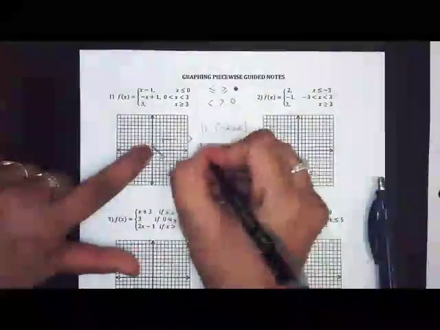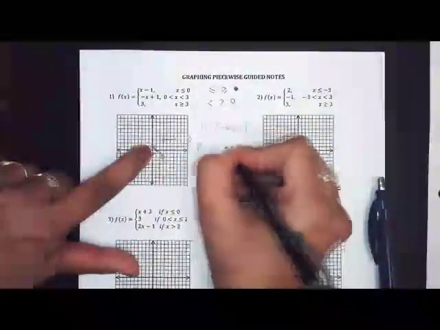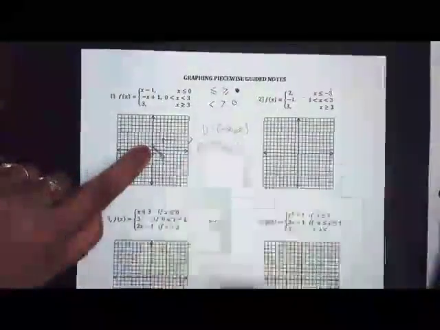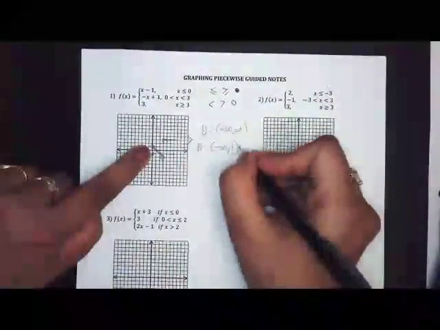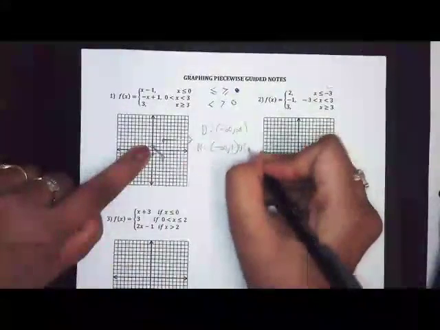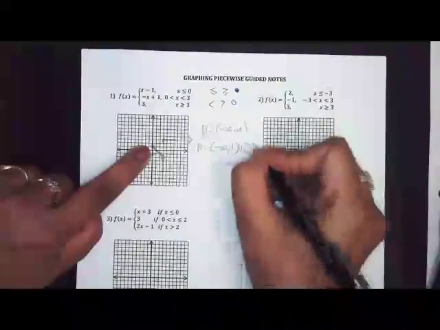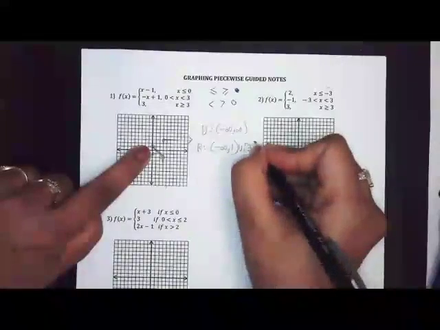So the range goes from -infinity to 1 with an open circle there, because it's not taking that y value, and then it starts again at 3 and it stays at 3 after that.